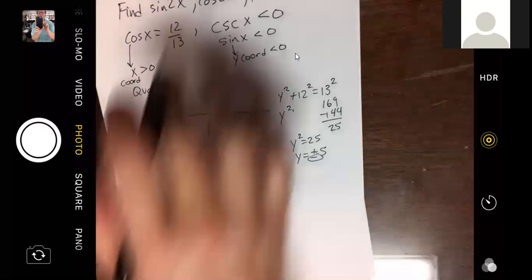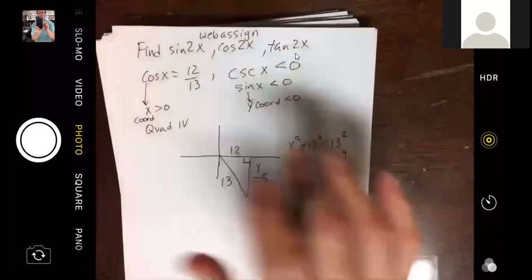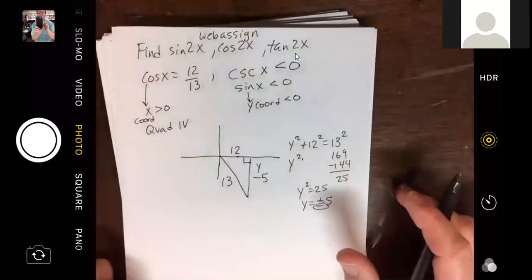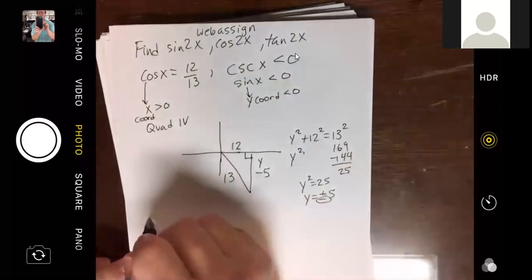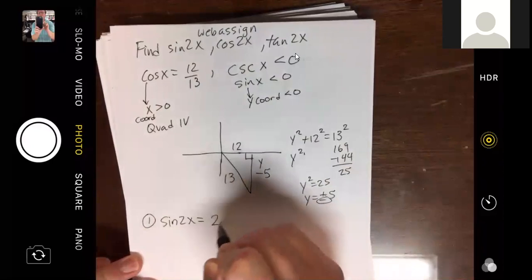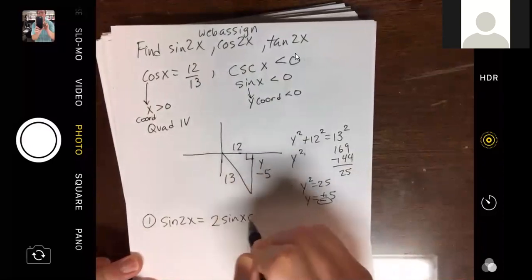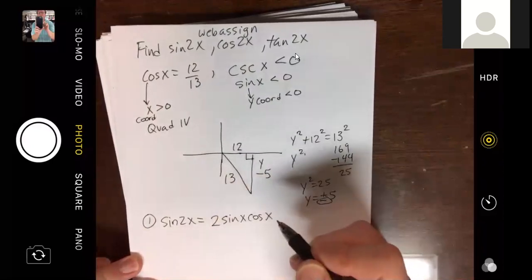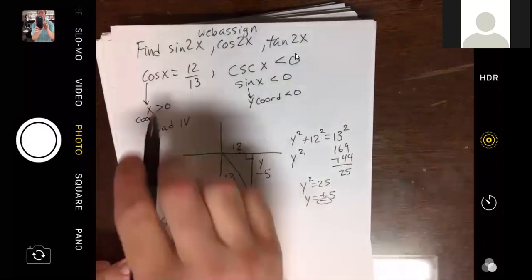All right, you ready to charge in? Yeah. All right, well, it's really just plug and chug. Sine of 2x is twice the sine of x cosine of x. Now, they've already given you cosine of x.